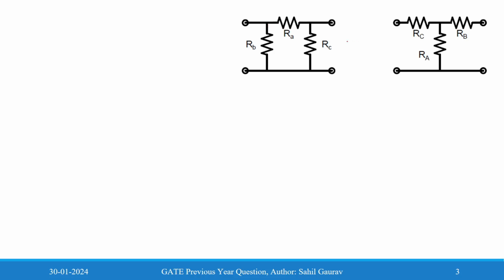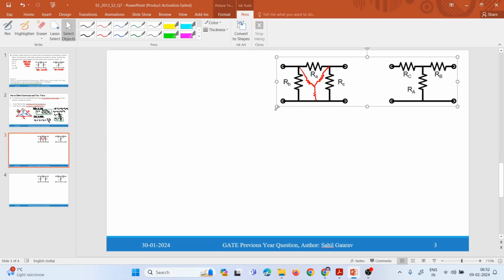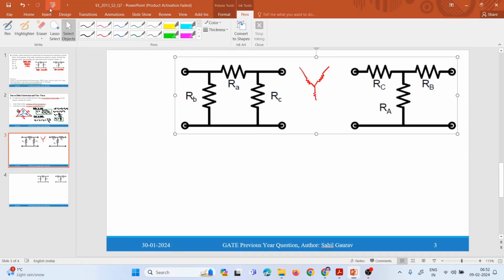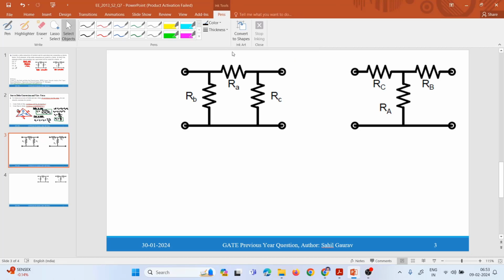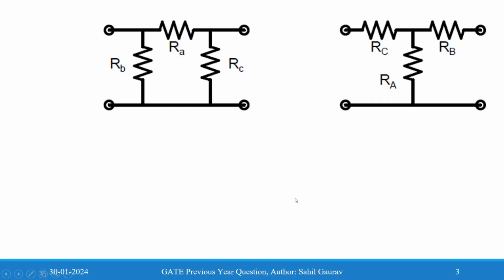Writing from delta to star, according to this figure, we can make the equivalent star connection.